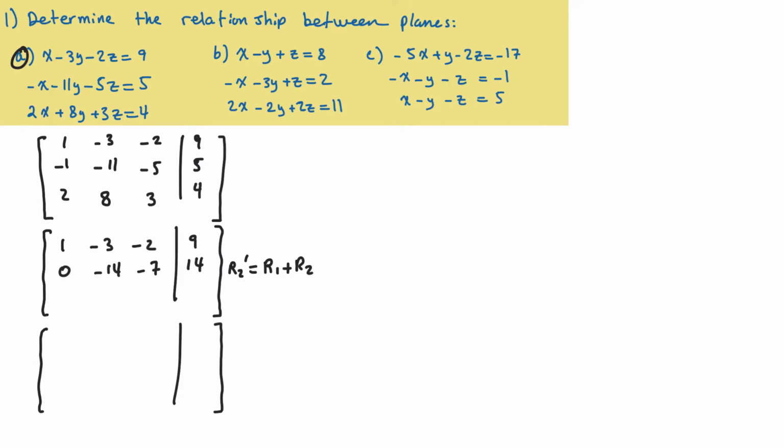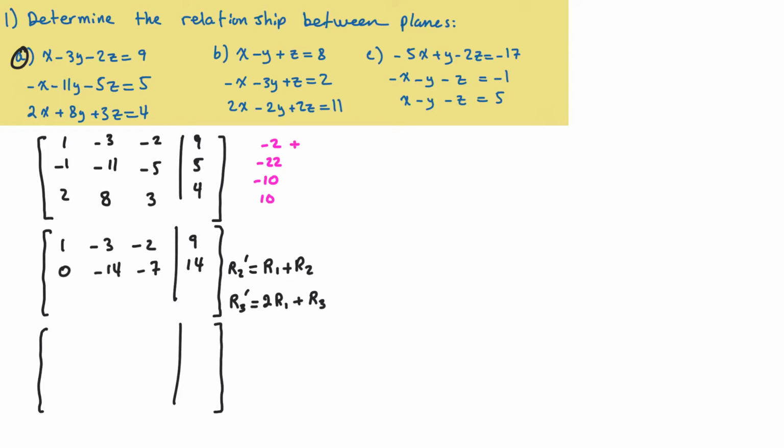For the third row, we can use either row 1 or row 2. So let's use row 1 in this case. We are going to multiply row 1 by 2 and add it to row 3. I'll write the values here so you folks can follow. 2 times row 1, we will get 2 for x, -6 for y, -4 for z, and 18 for the constants.